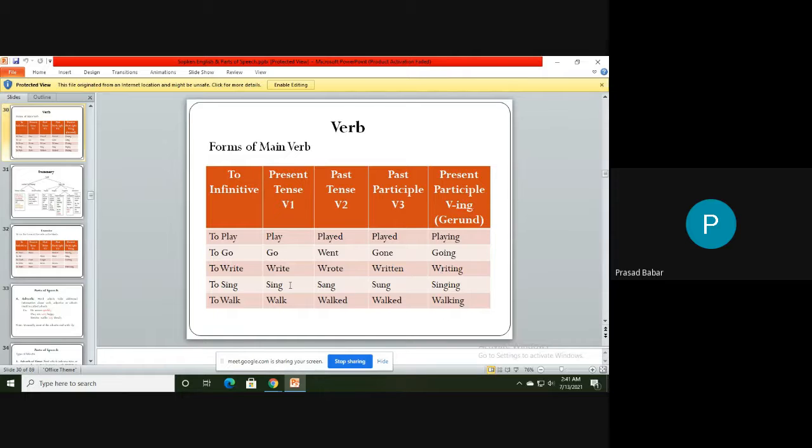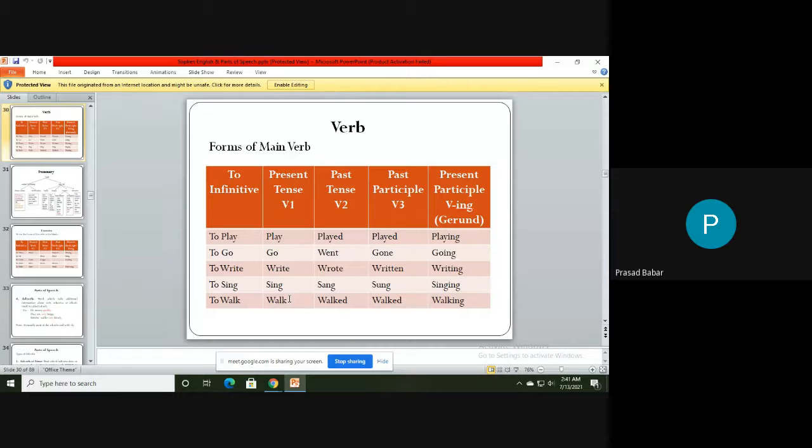For sing, we can say that to sing is the infinitive form, sang is the past form, sung is the past participle or third form, and singing will be the ing form or fourth form. For walk in present tense, its infinitive form will be to walk.